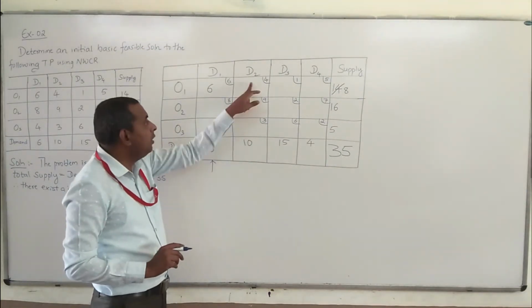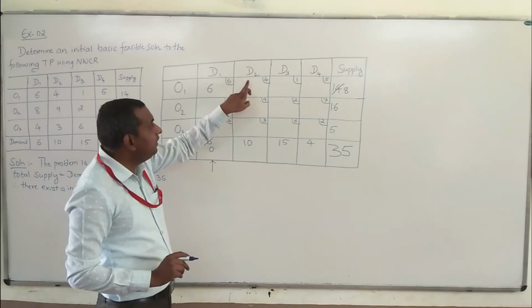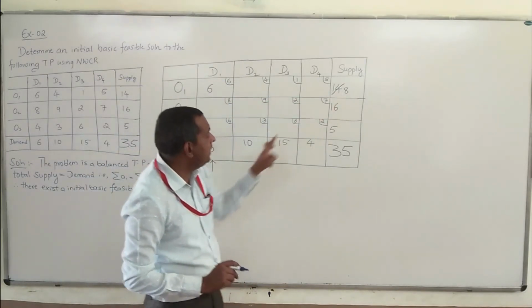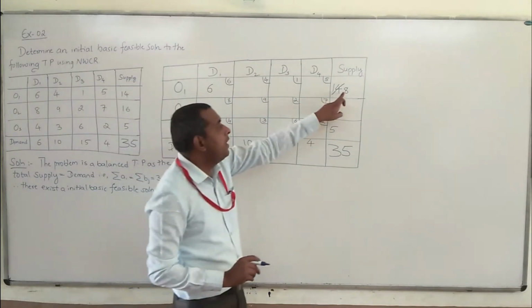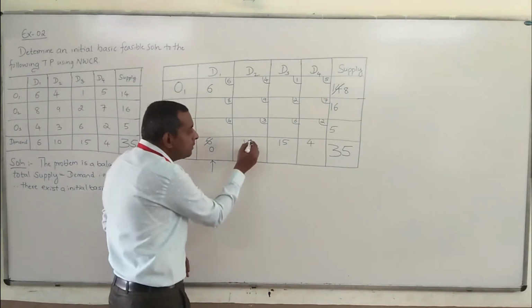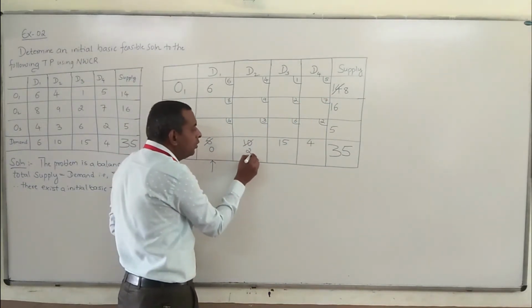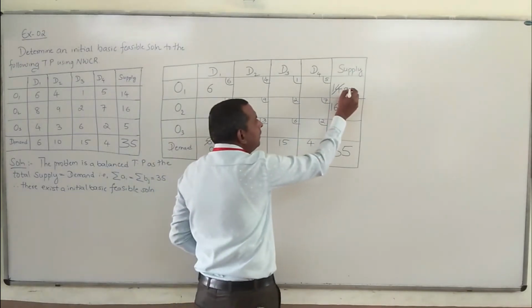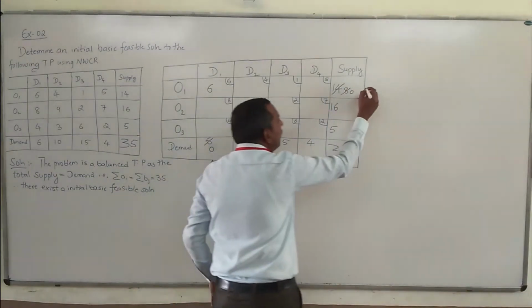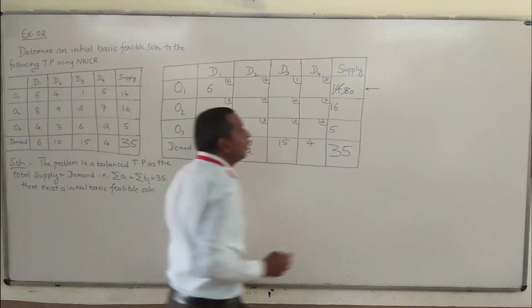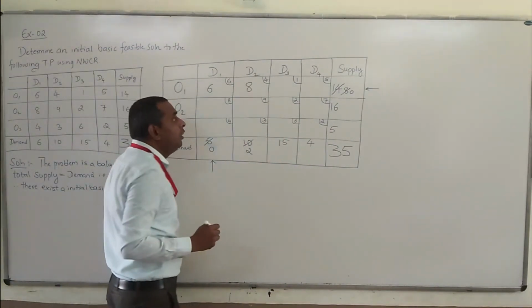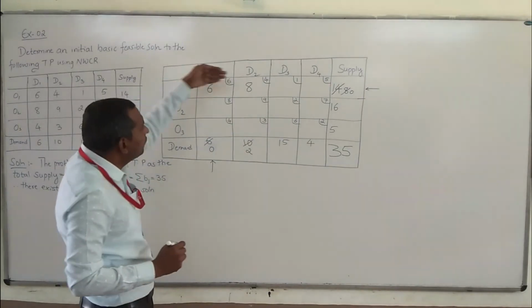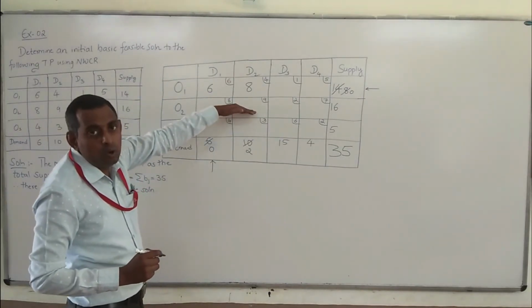Here demand is greater, that is 10, and supply is smaller. Let me subtract 8 here. Remaining is 2, and 8 minus 8 is 0. Now this row got exhausted, so let me write 8 here. Come to the next row.